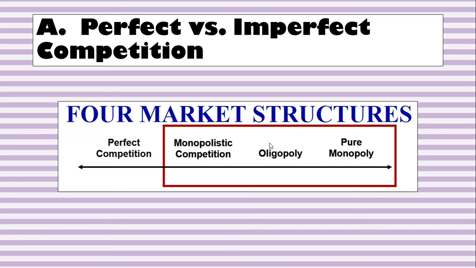But all of these are called imperfect because, as we're going to see, they won't be completely efficient. There will be inefficiency somewhere. Either not productively efficient, not allocatively efficient, perhaps both. Price being high, charging a higher price, not producing as much.